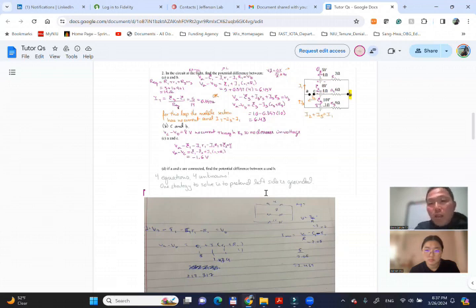Now, let's see. I'm just trying to give you feedback based on what you drew in the picture, because to give you more accurate feedback I would have to solve it myself. But based on what you drew, you assumed I2 flows right to left, right?